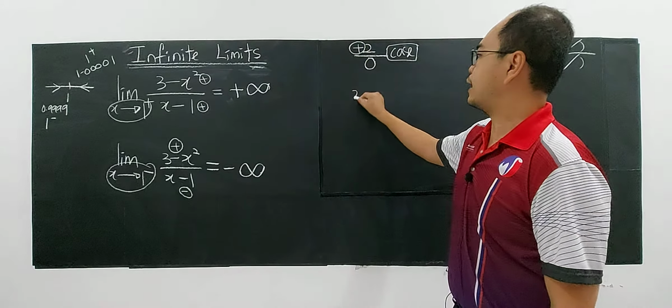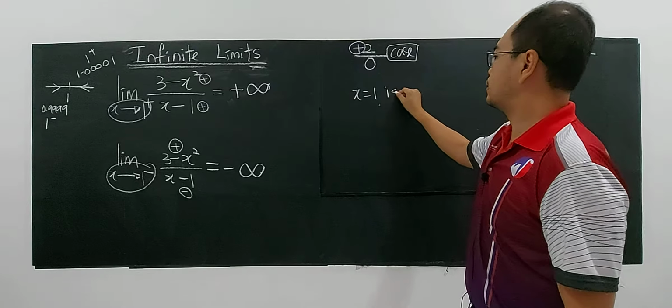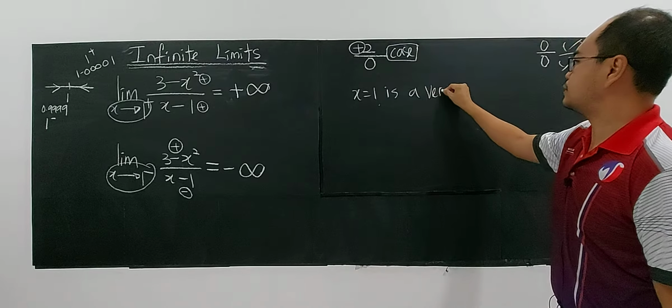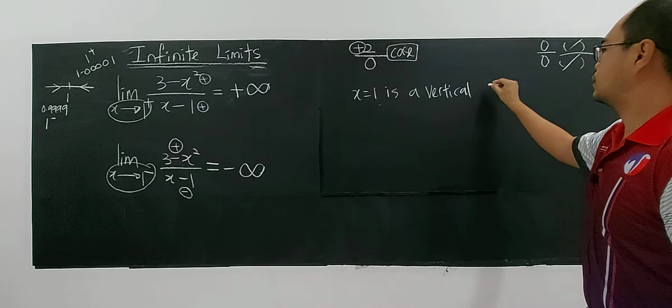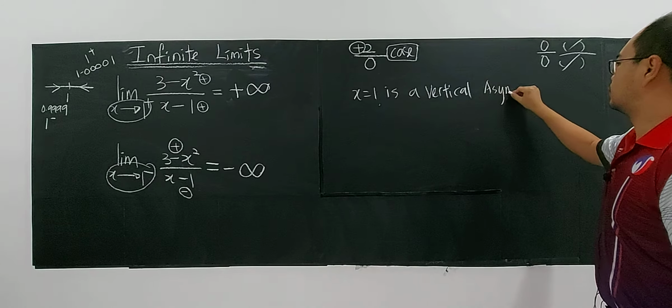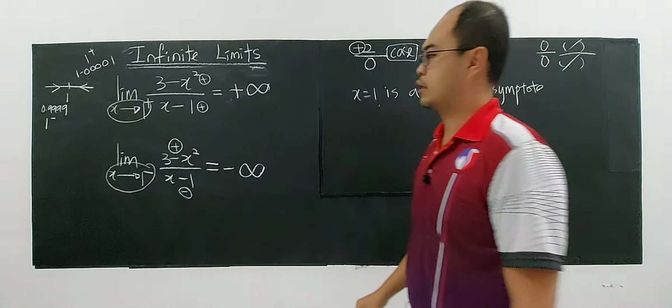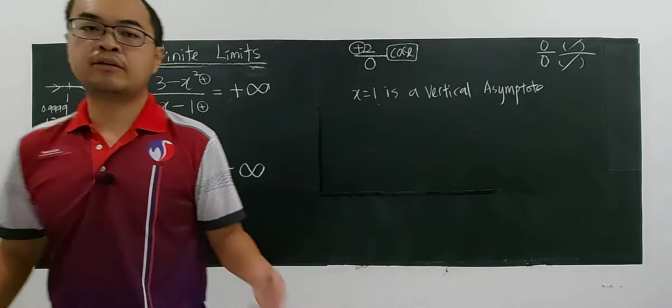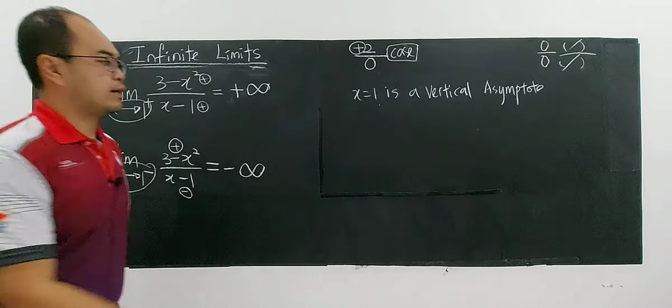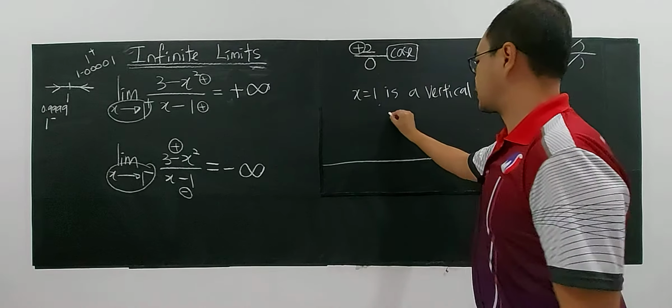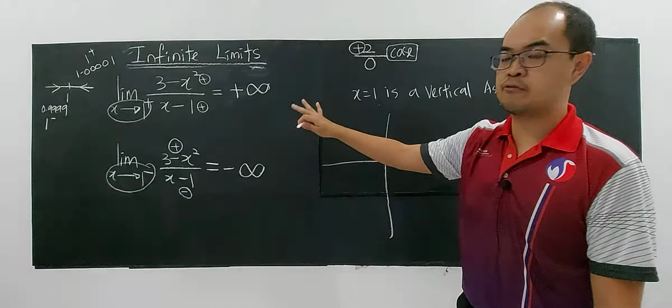So x equals 1 is a vertical asymptote, for sure, 100%, because you have already verified that. If you're sketching this graph, it may be different.